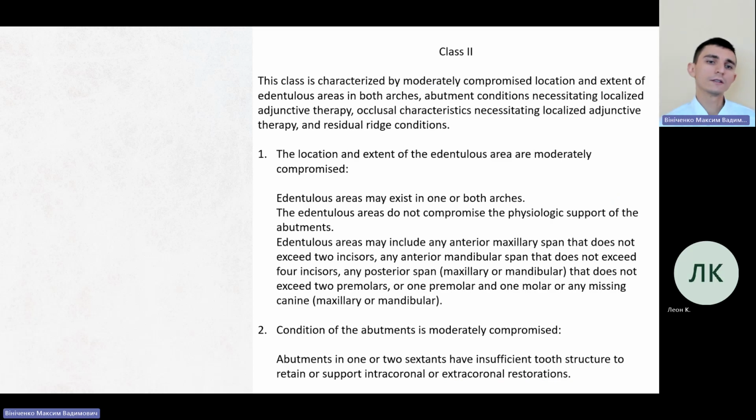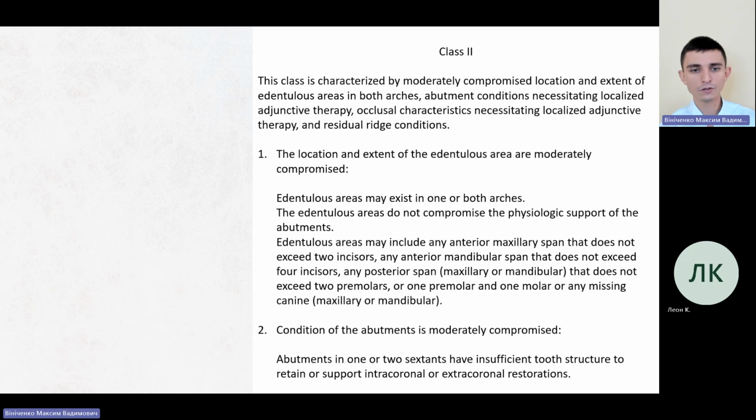Class 2. This class is characterized by moderately compromised location and extent of edentulous areas in both arches, abutment conditions necessitating localized adjunctive therapy, occlusal characteristics necessitating localized adjunctive therapy, and residual ridge conditions. The location and extent of the edentulous area are moderately compromised. Edentulous areas may exist in one or both arches.